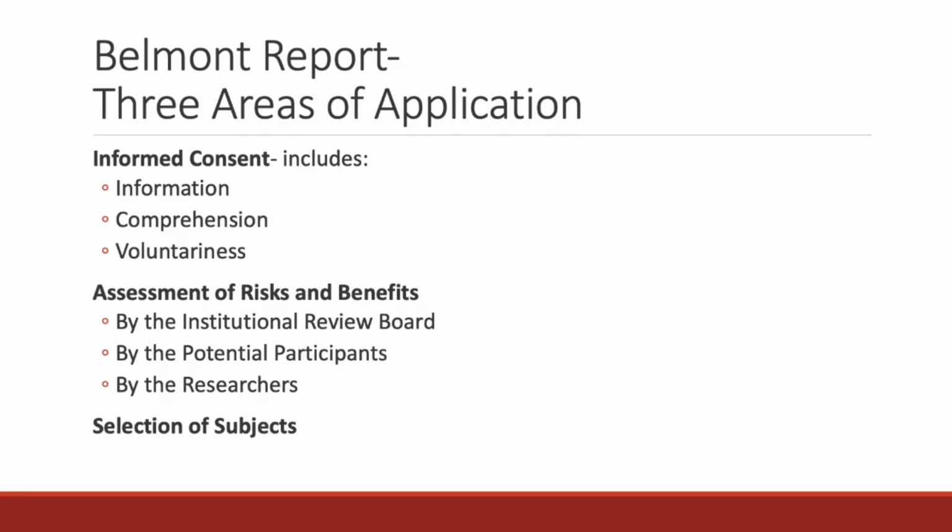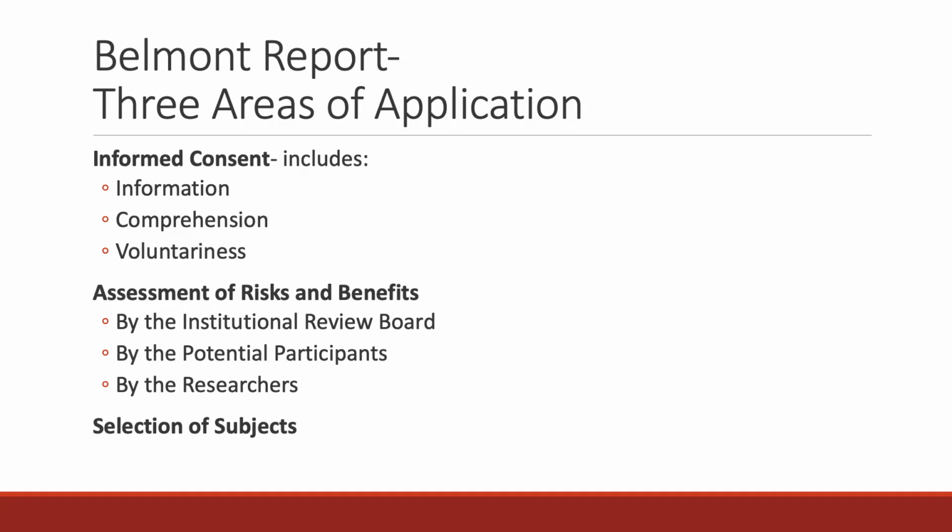Earlier, we mentioned three main principles based on the Belmont Report: respect for persons, beneficence, and justice. These three principles are put into practice through three major areas of application. First, informed consent, which ensures individuals understand the research and voluntarily choose to participate.